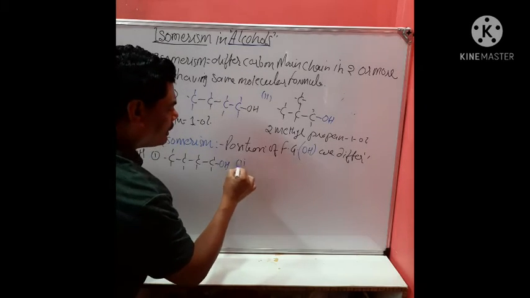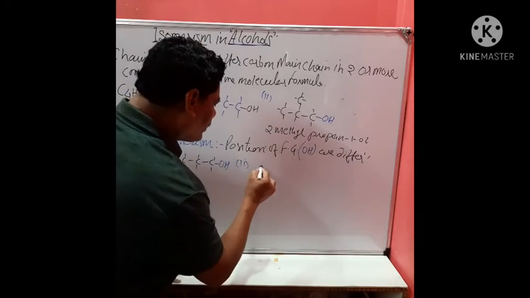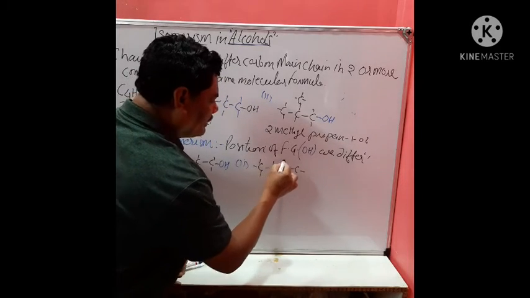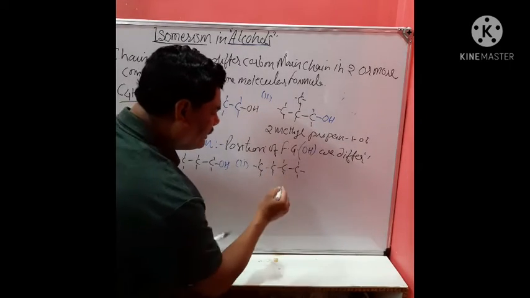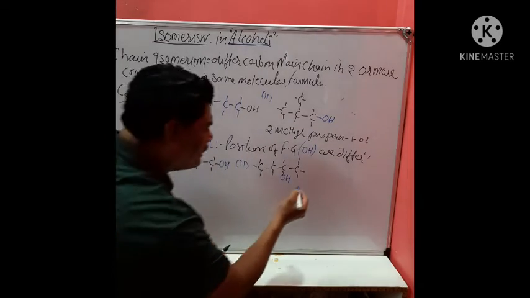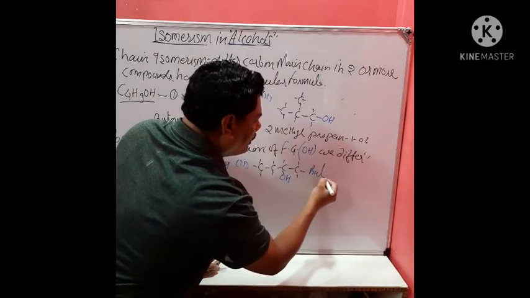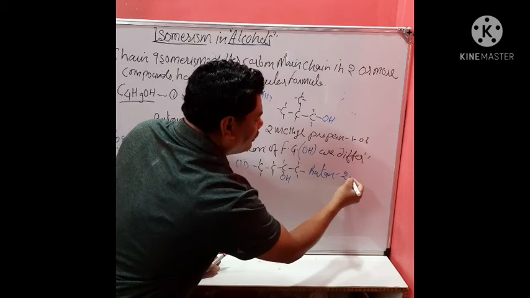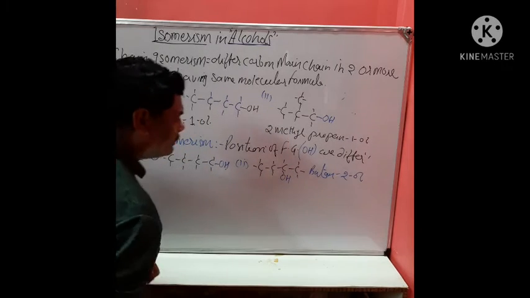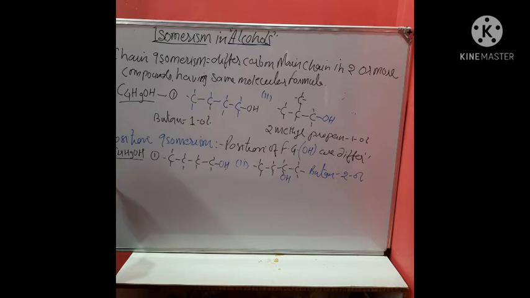But if I draw one more compound, 1, 2, 3 and 4, and I draw OH on another carbon atom of the main chain, then it becomes butan-2-ol. Isn't it? So this is called position isomerism. And this is called chain isomerism. Getting?